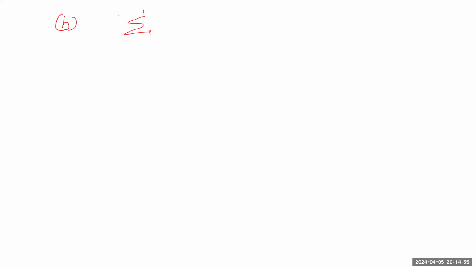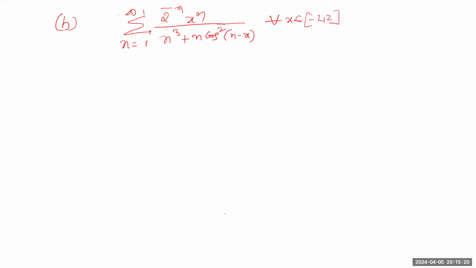Summation n equals 1 to infinity of 2 to the power of minus n, x to the power of n over n cube plus n cos square of n minus x, for all x belonging to minus 2 comma 2. So the question is whether the series is uniformly convergent or not.